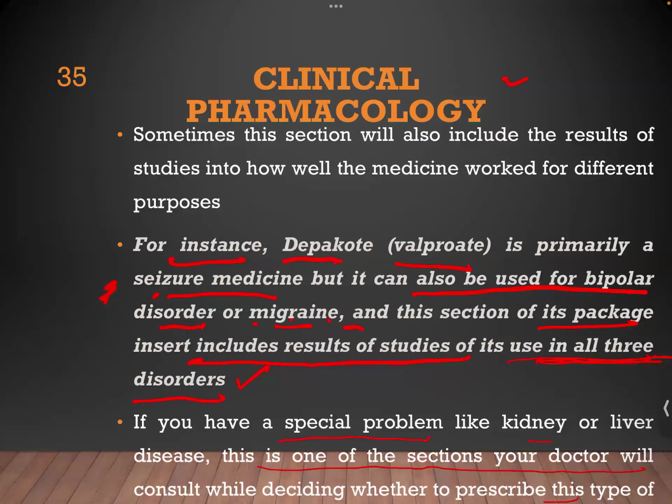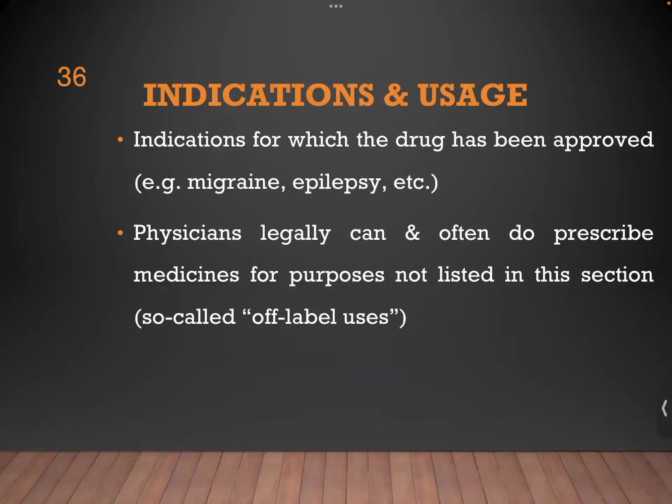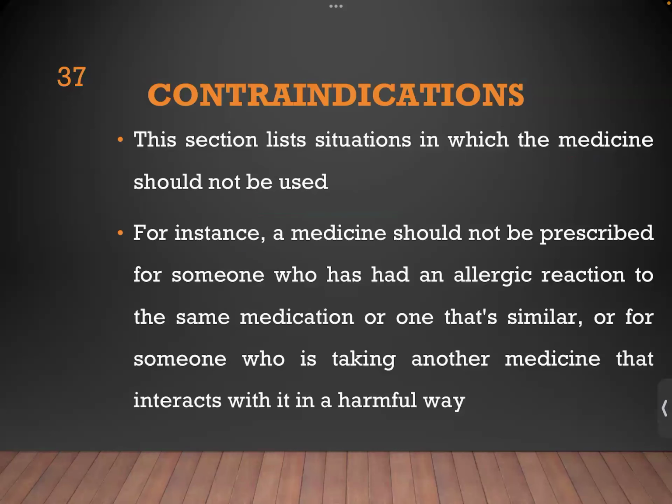What are the indications and uses? Maybe the indication for which the drug has been approved, migraine, epilepsy, whatever. How does this help a doctor? It means the doctor can legally prescribe this medicine. Contraindications. If there is any contraindication to this medicine, it is listed.